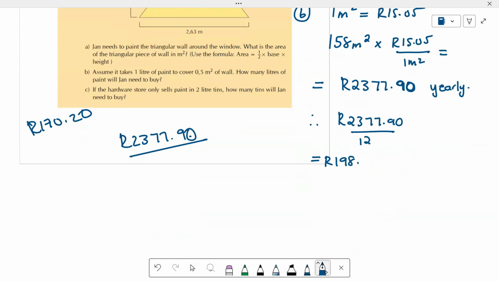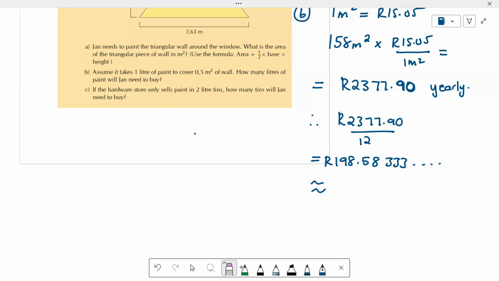It's going to be 198.1583333 and so on. Remember, with money, they're not going to tell you, you just need to know: you always round off the final answer to two decimal places. Final answer? 198.15 rand. Please check what I'm writing on the screen.